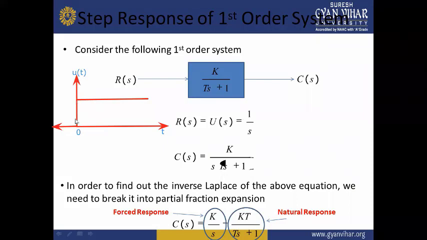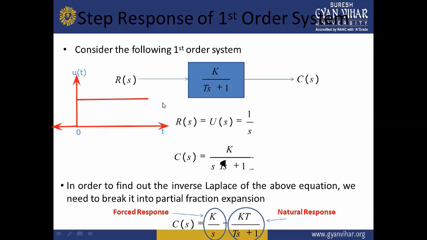When this u(t) is the magnitude of the signal at a particular instant of time, that means for t less than 0, the input is 0, and for t greater than or equal to 0, u(t) is constant.